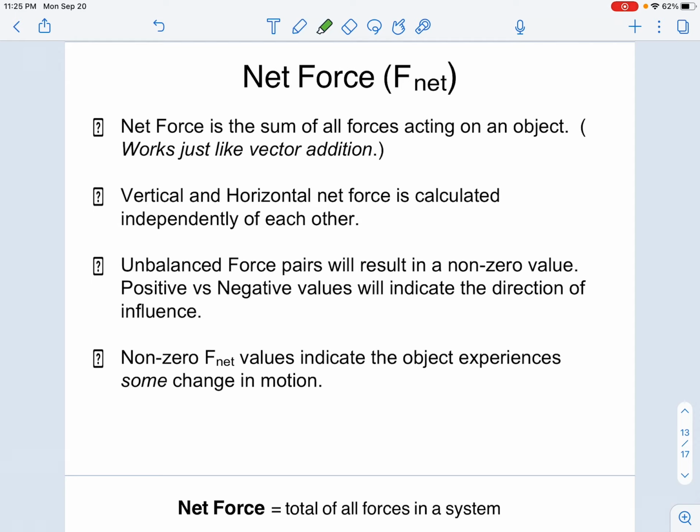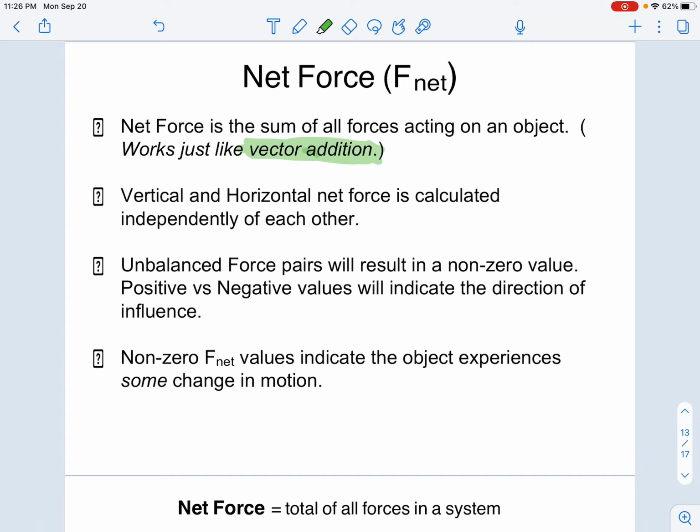So in the previous lesson, we said that we're going to draw free body diagrams and we're going to label our different types of forces. Now that we have created those free body diagrams, we are going to put numbers on our force diagram, and then we are going to use the vector addition that we learned in the previous two chapters to figure out what those net force values are.